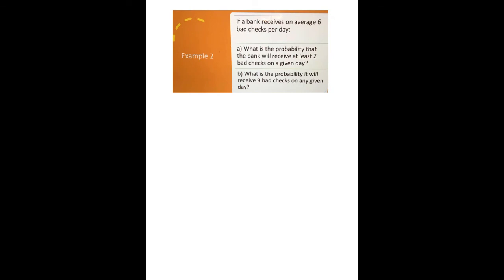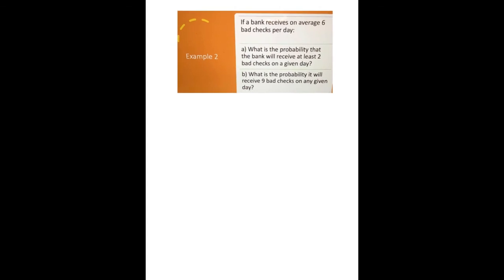So here we're given the information that a bank receives 6 bad checks per day. So the mean is equal to 6. We're looking for the probability that the bank will receive at least 2 bad checks in a given day. So that means the probability that x is greater than or equal to 2. Now, in this case, you may think we need to do the probability x is 2, 3, 4, 5, 6, 7, etc. But remember that there's no upper limit in the case of the Poisson distribution.